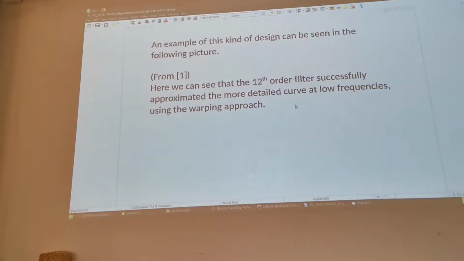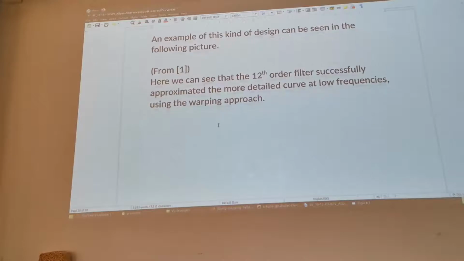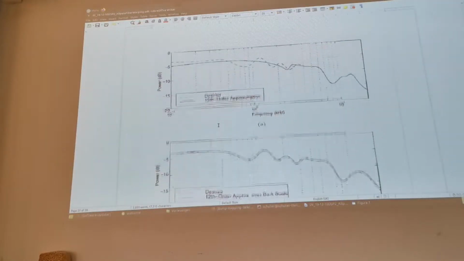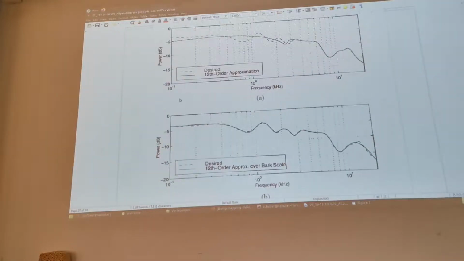Yeah, an example can be seen here in this picture, or an example of such a design. So here we can see that we have a 12th order filter which successfully approximates the more detailed curve at low frequencies using the warping approach. So here comes the picture. And so the dashed line is the desired response.